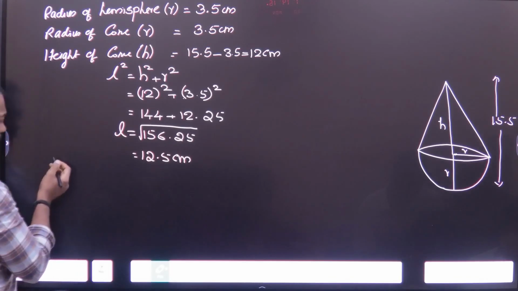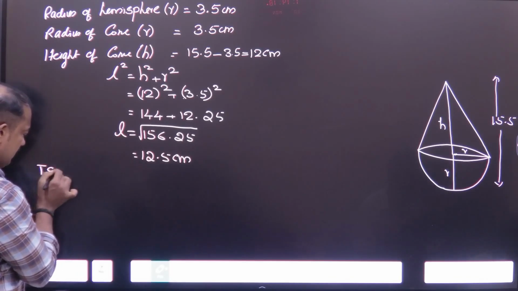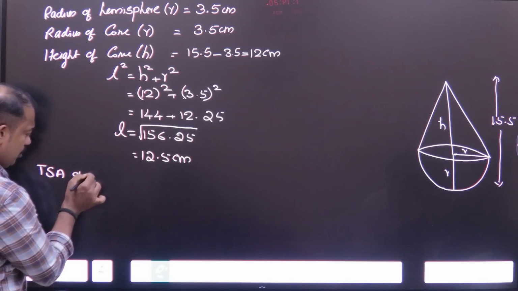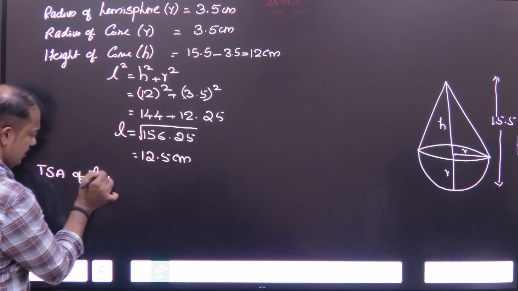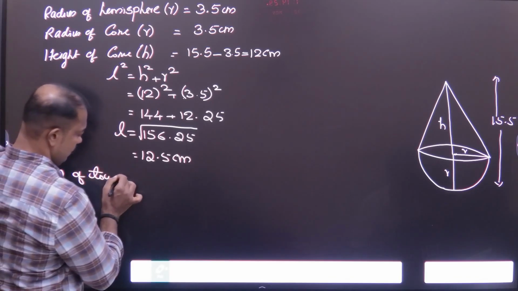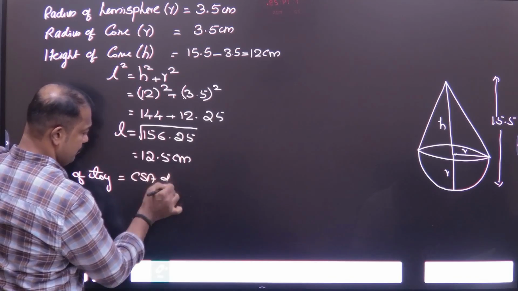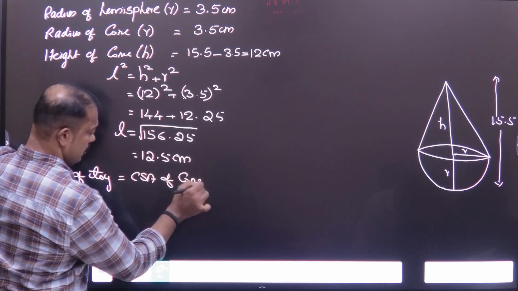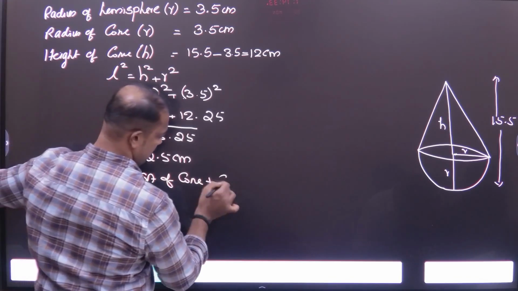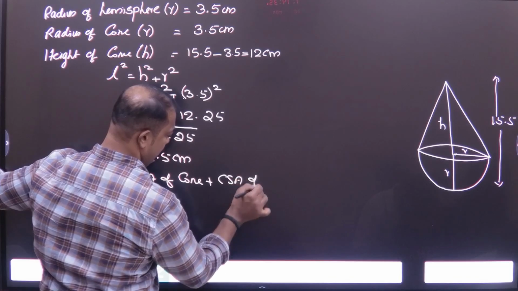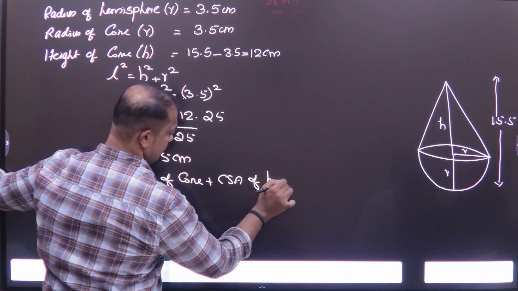And the total surface area of toy. TSA of toy is equal to CSA of cone plus CSA of hemisphere.